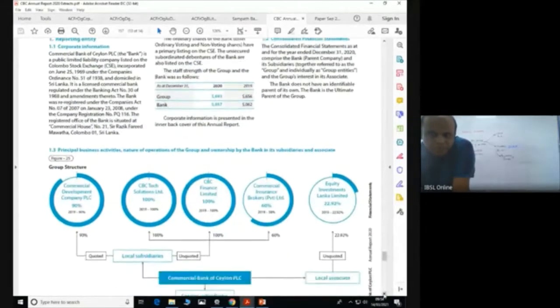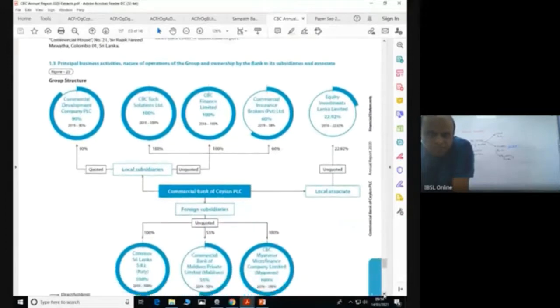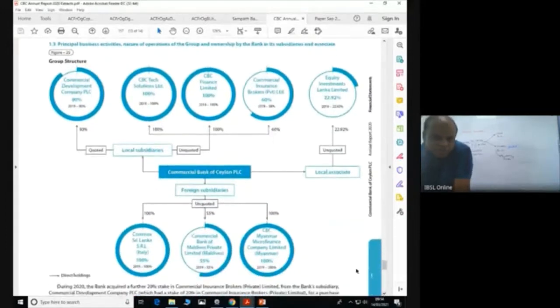This is the commercial bank's group structure. Just have a look at it. The commercial bank is in the middle, the parent. They have subsidiaries, local subsidiaries as well as foreign subsidiaries, and also an associate.